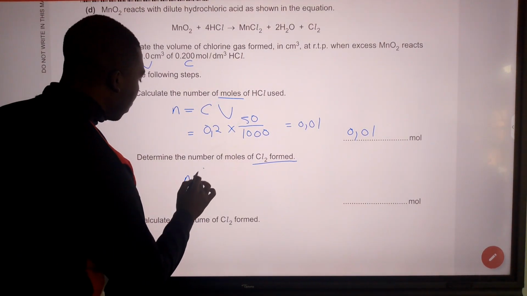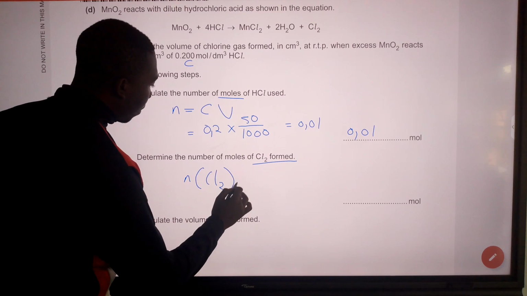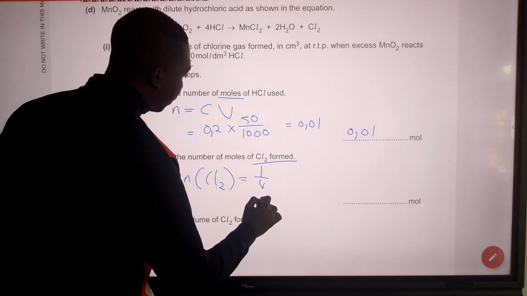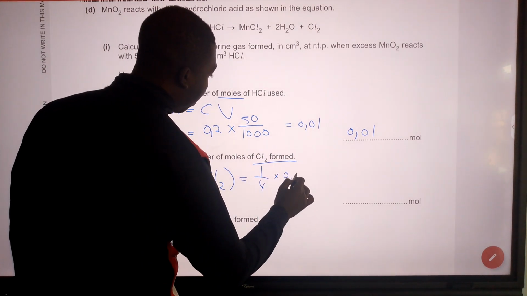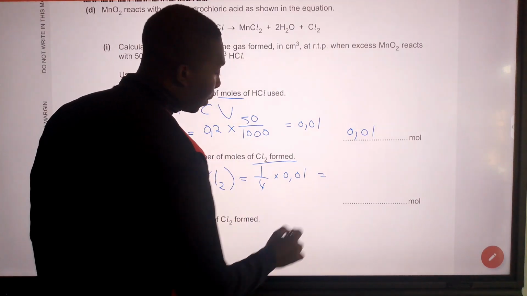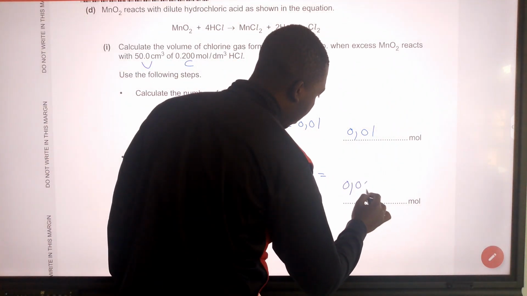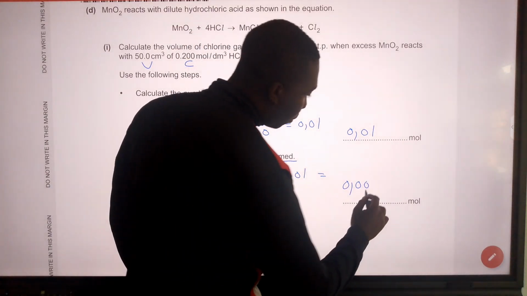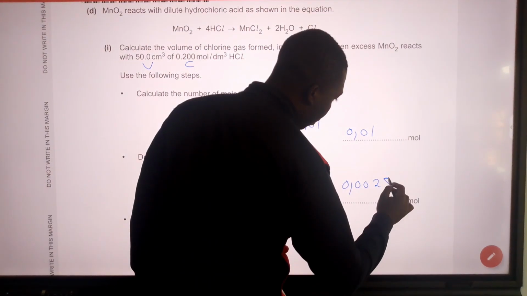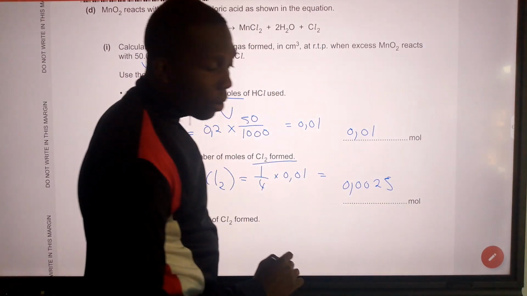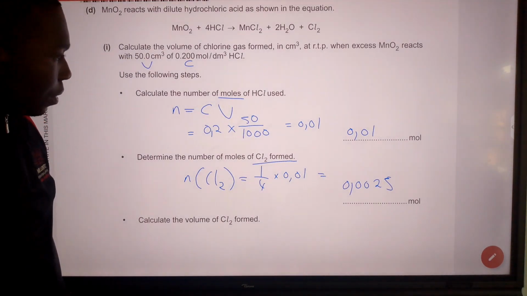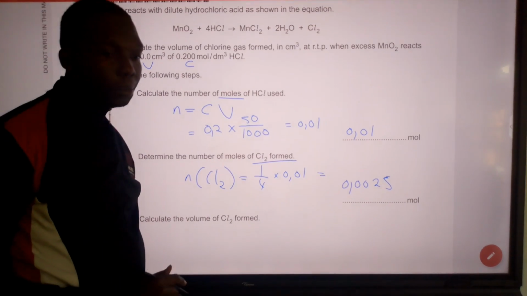So the number of moles of chlorine gas is equal to 1/4 multiplied by 0.01, and here we get 0.0025. So this is the value which you get. I've already calculated it, so I'm just going to use the values that I've already calculated.